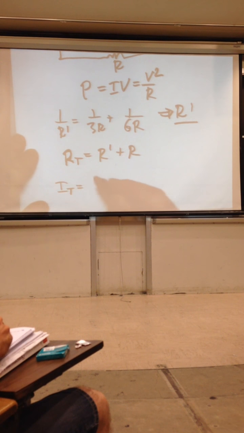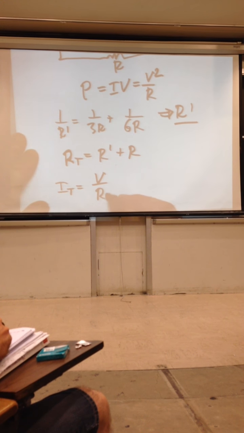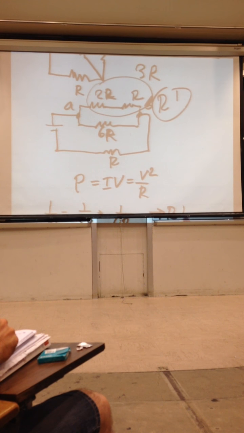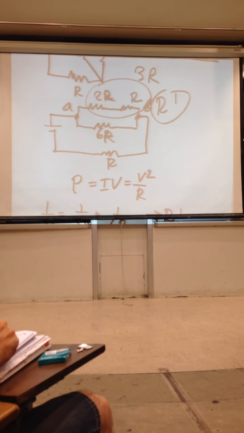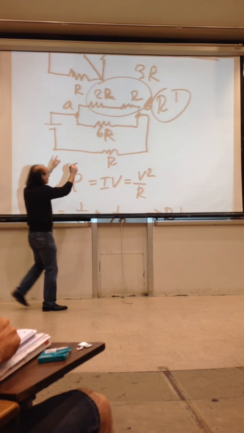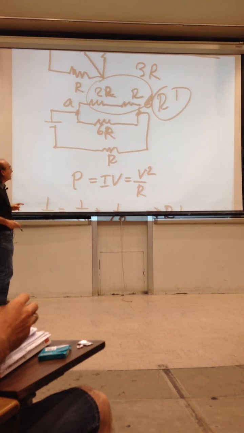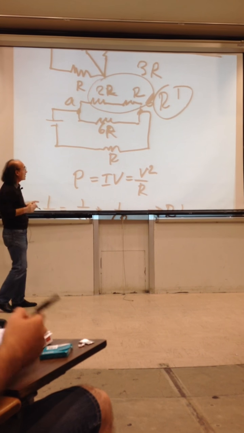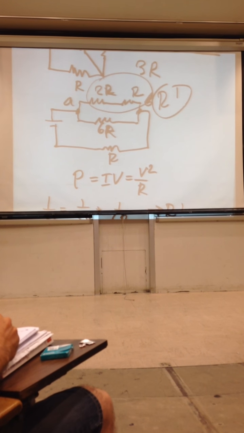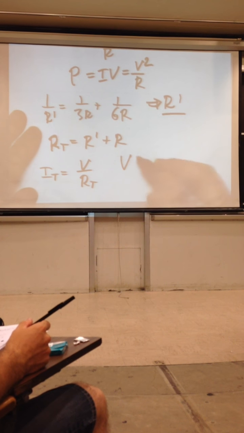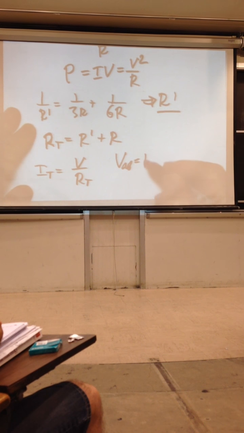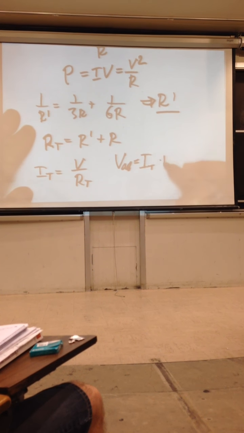Total current is total voltage divided by total resistance. That is the current in this resistor, and also the current between A and B. What is the voltage between A and B? For V_AB, it is this total current times R prime.